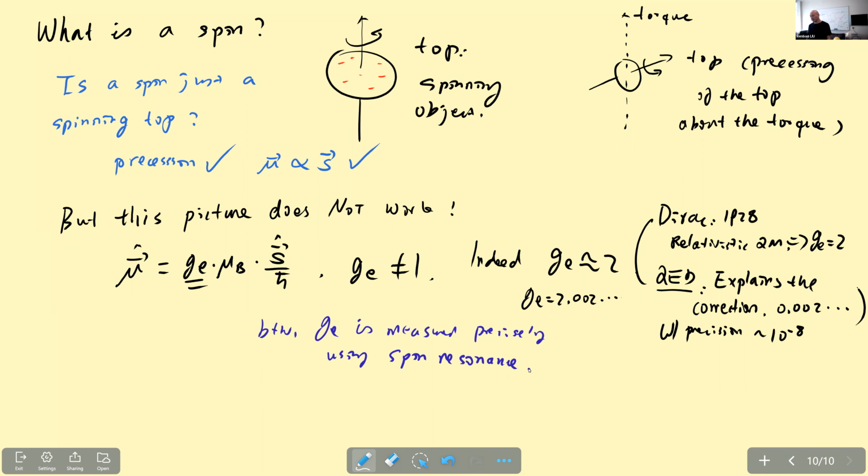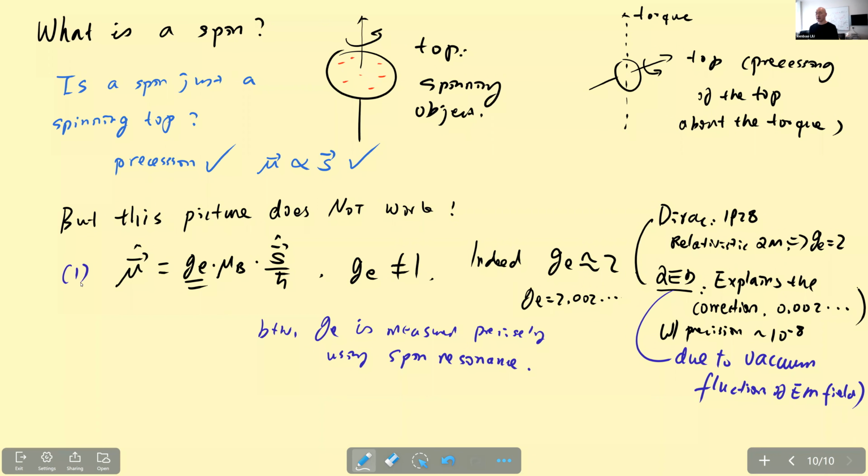And then we can compare to QED, quantum electrodynamics, which can calculate these corrections due to the vacuum fluctuation of the EM field very precisely.